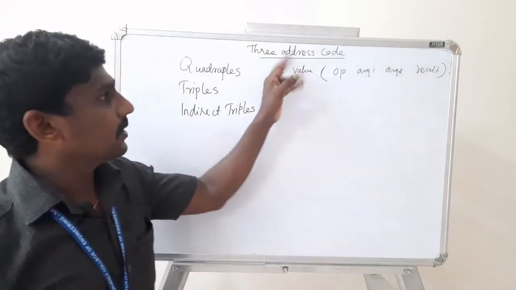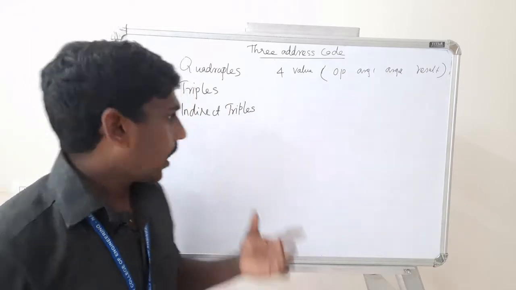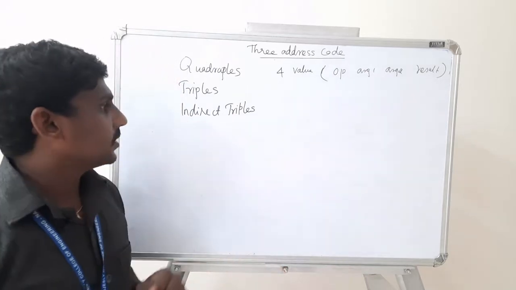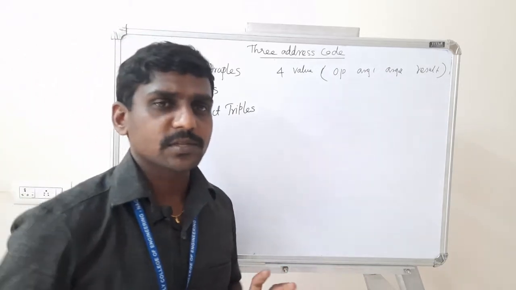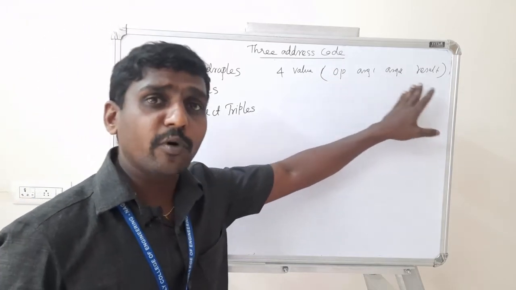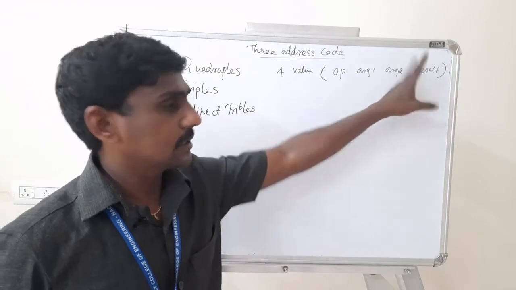So how to implement 3 address code? We can implement 3 address code by using quadruples, or by using triples, or by using indirect triples. Quadruples means just remember it has 4 fields: operator, argument 1, argument 2 and result.